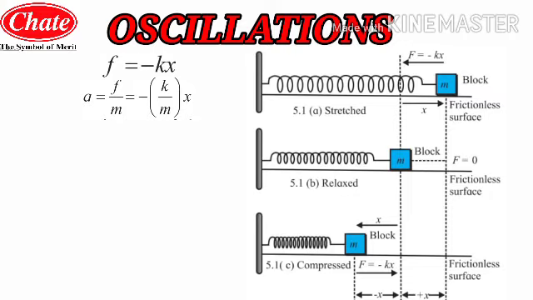After this derivation, we have to understand one more thing: when we pull that block towards the rightmost position, then again it will move towards the leftmost position because of the unwinding and winding of the spring. Thus the spring will cause the to-and-fro motion. But the most important point, students, is that the block, at the point it initially reached, will not reach the same point the second time. It will reach a point just before the first one.